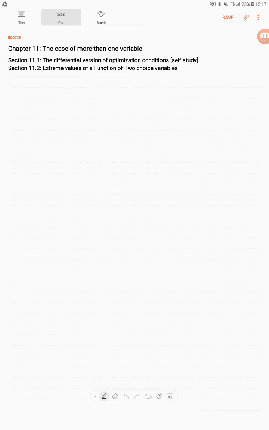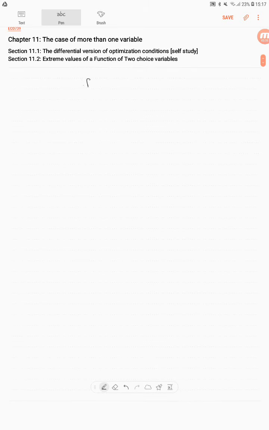variables. So before we had f of x is some function of x. Now we move to the case where our function z is determined by x and y. So z is a function of x and y.